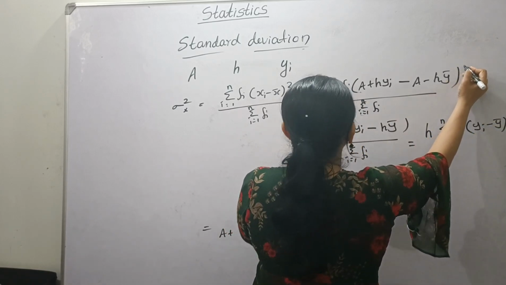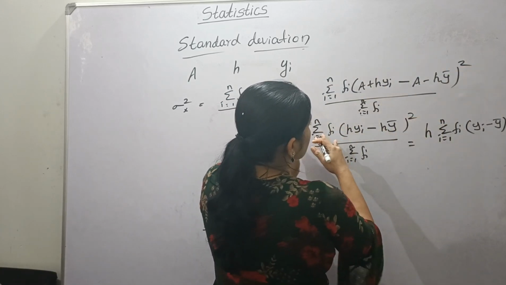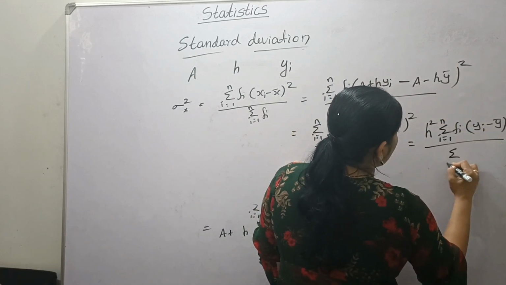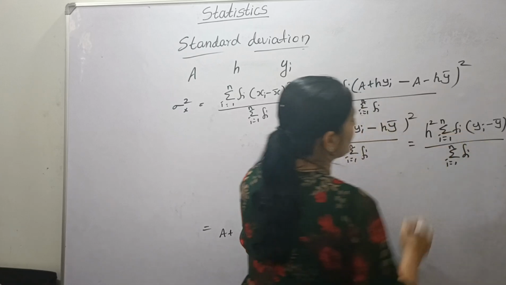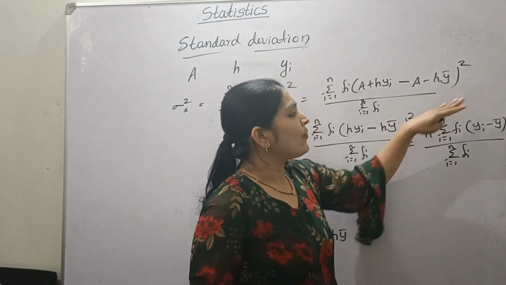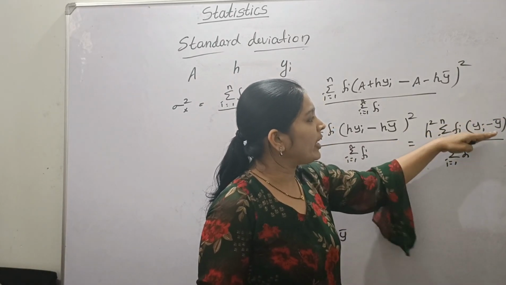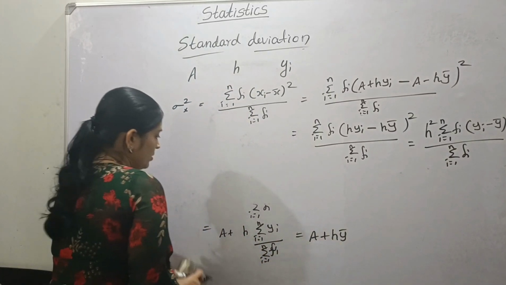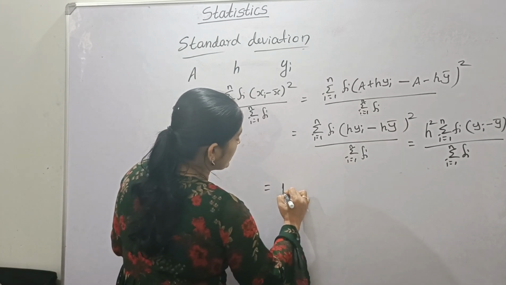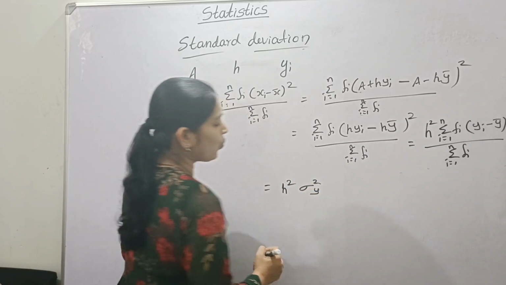It is whole square, so h square is common, divided by sigma i equal to 1 to n fi. So here, see what is this one, it is nothing but variance of variable y. That is equal to h square into sigma square of variable y.